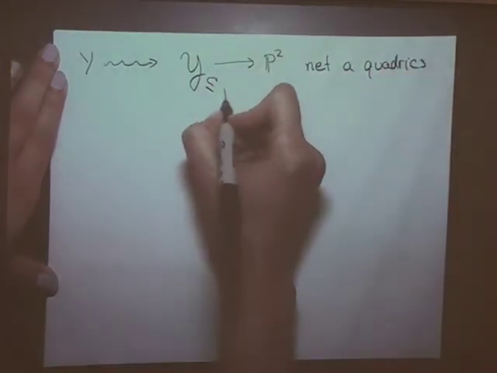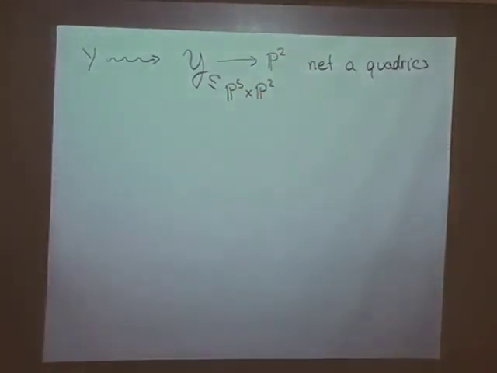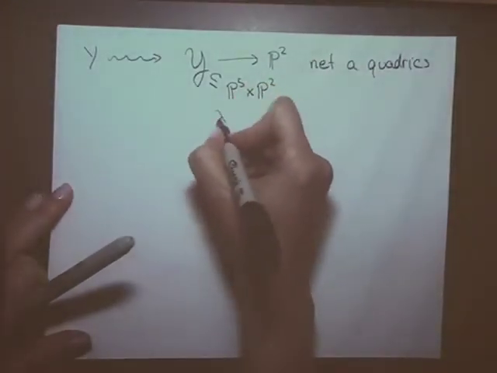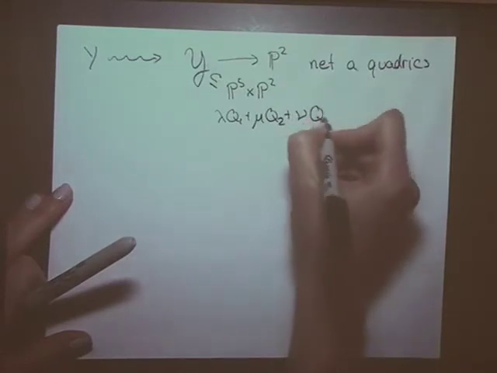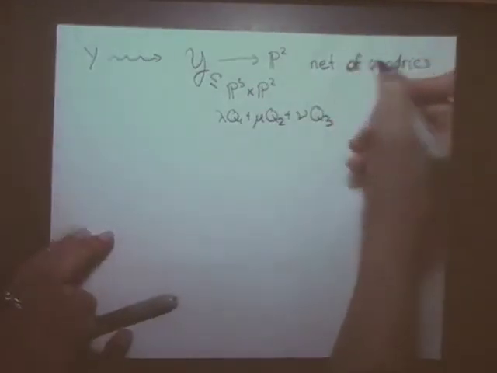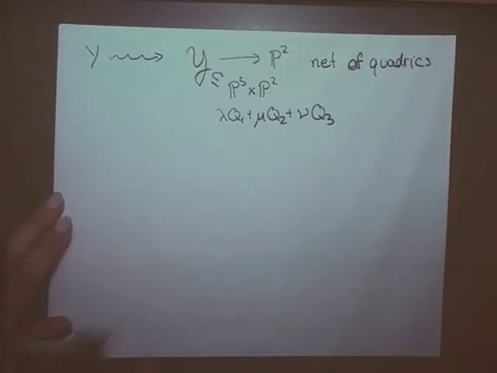So I can think of this in P5 cross P2, and say if I call these Q1, Q2, and Q3, I just take the family parameterized by P2. So this is lambda Q1 plus mu Q2 plus nu Q3. Okay? So I take these net of quadrics. Sounds like I'm going fishing.